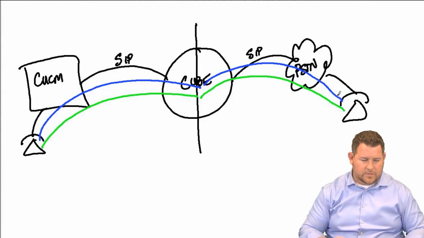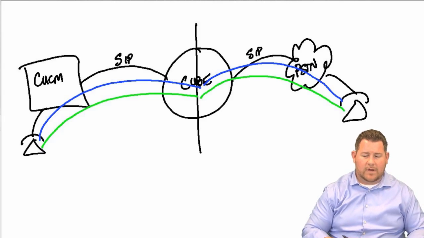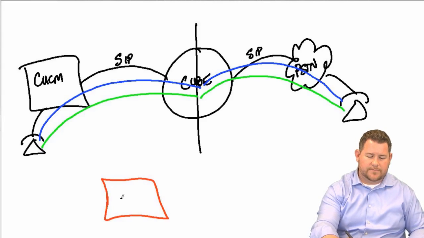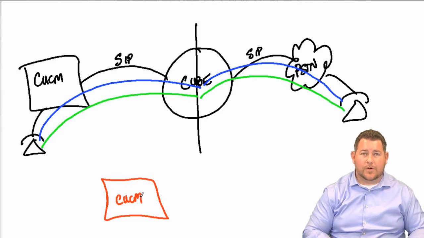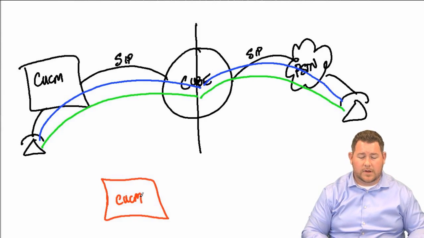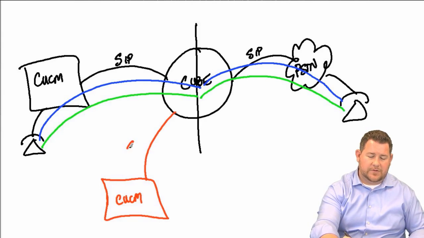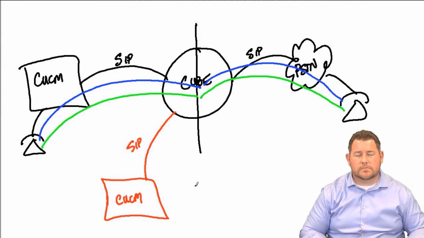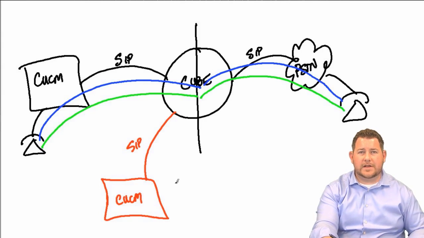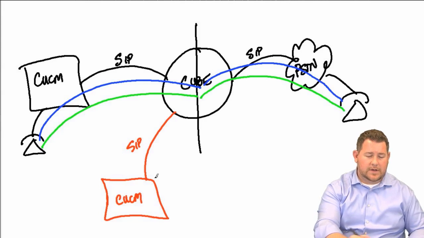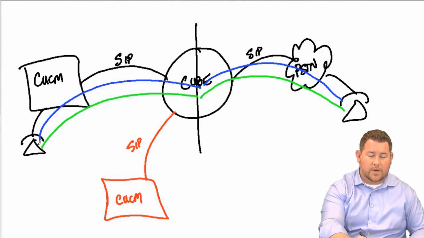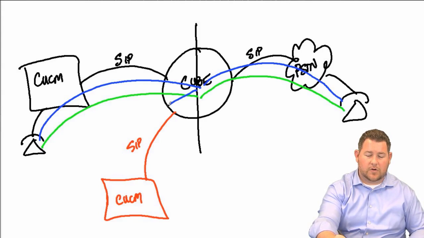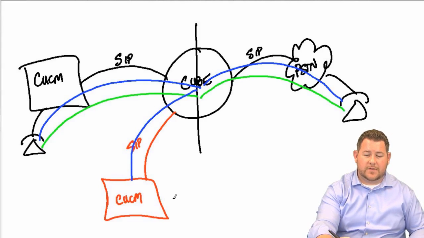Now, if I wanted to configure media flow around, where perhaps instead I had a CUCM over here that was on my network, and I still wanted to use CUBE to route through to this CUCM, maybe this is another SIP trunk here, I could say that the CUBE has a dial peer here that points out to this CUCM, and I want to use media flow around for that communication. So the signaling still would be from this phone into the CUBE, and signaling would go right back out over that SIP trunk to the other CUCM.